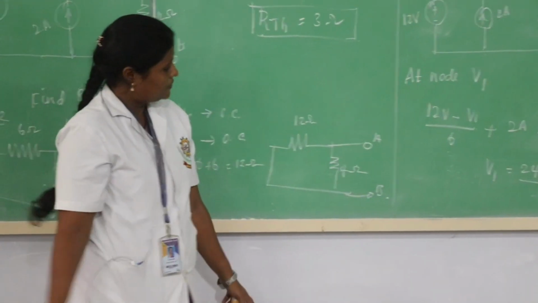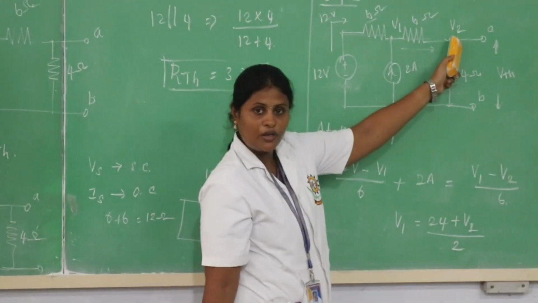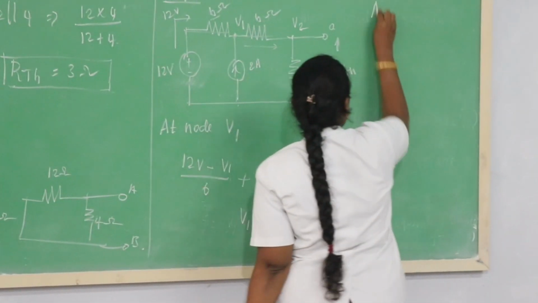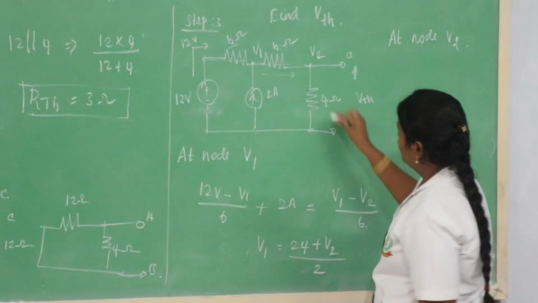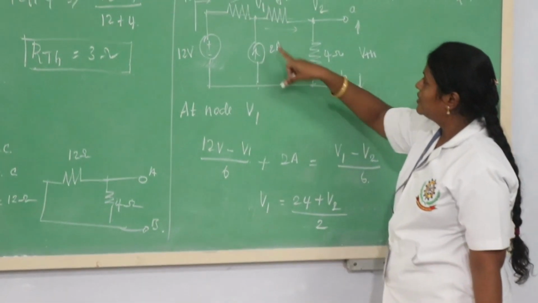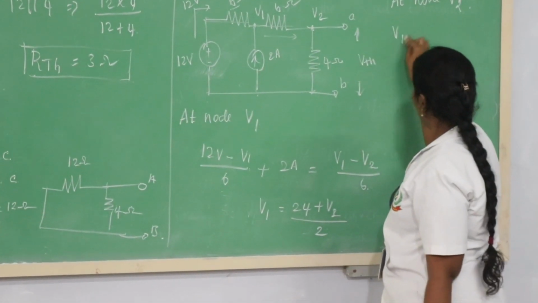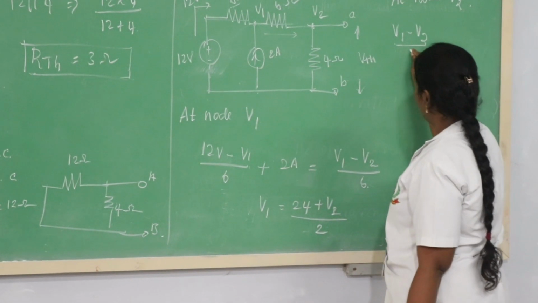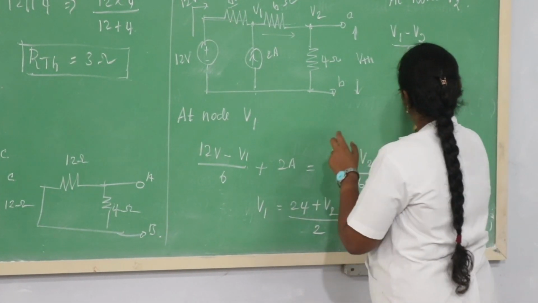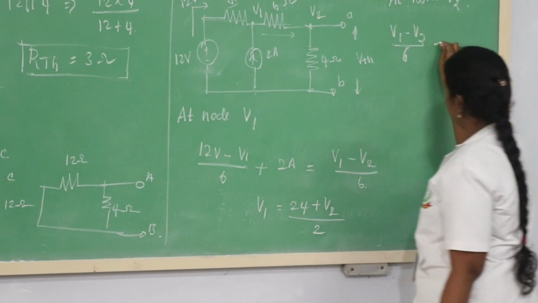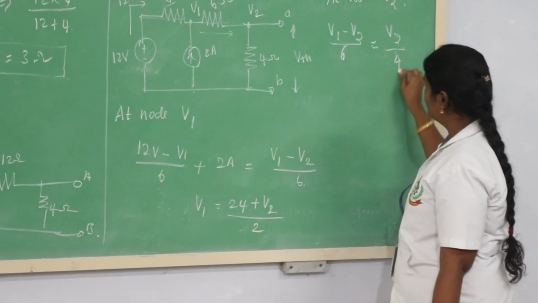Okay. Similarly, you can apply nodal analysis to the node V2. At node V2, this one is the incoming current and this is the outgoing current. So, V1 minus V2 divided by 6 is equal to V2 divided by 4.